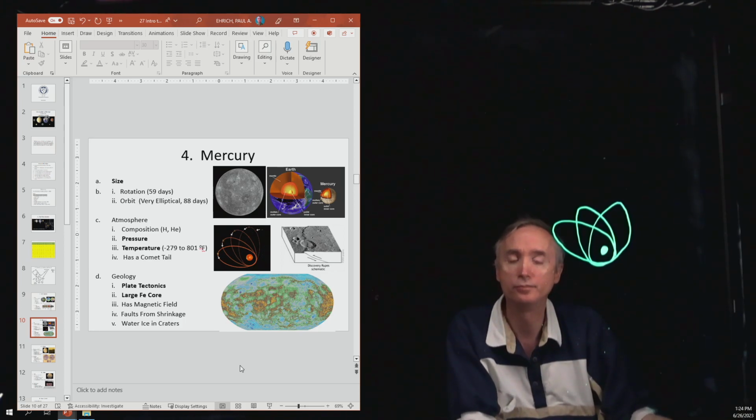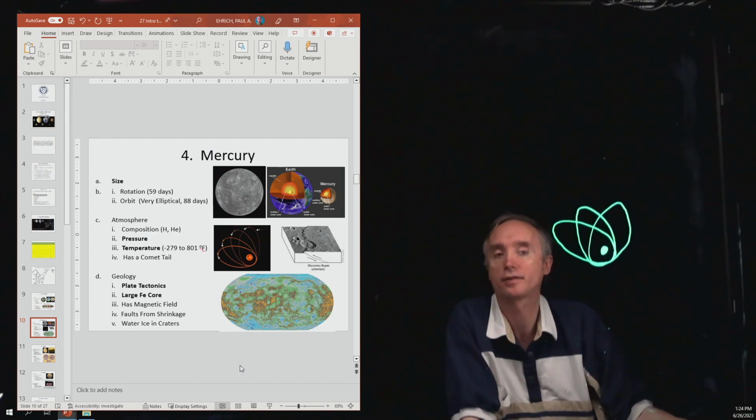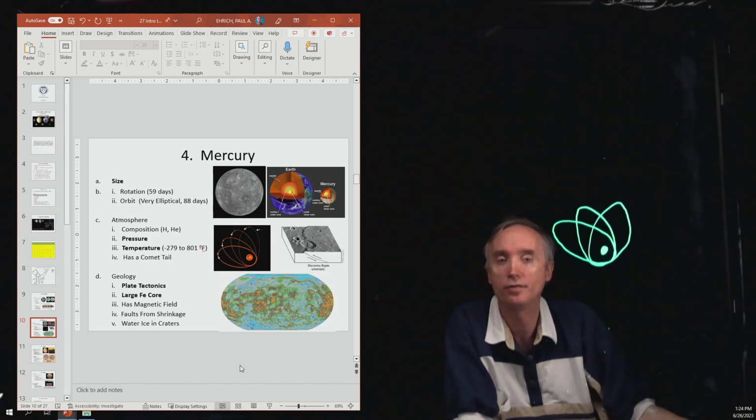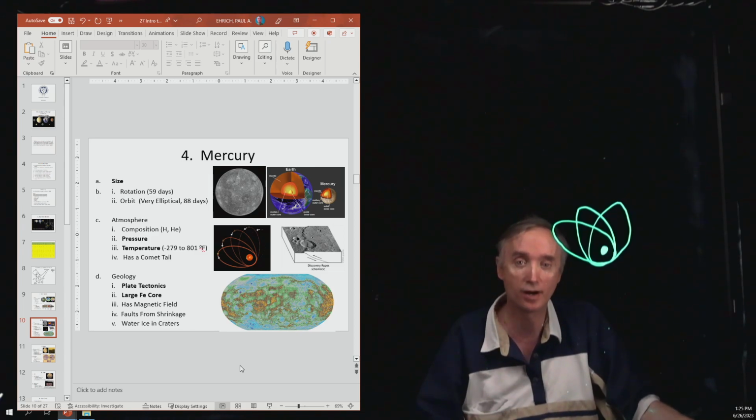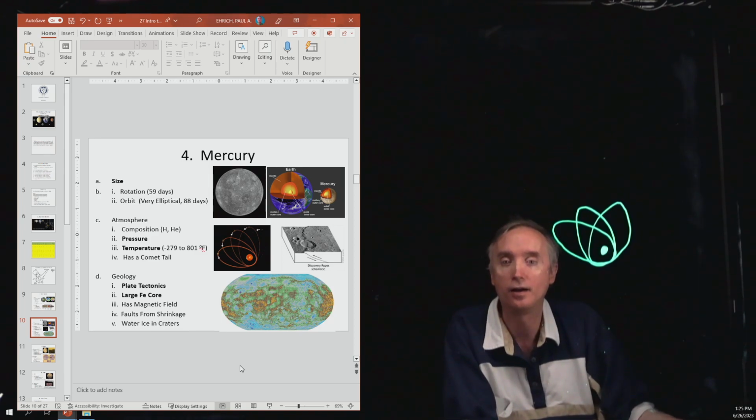All right, so now let's talk about plate tectonics. What do you think about the plate tectonics on Mercury? Yeah, not really going to have much, because it's so small, it cooled off rapidly. The inside cooled off rapidly so that its plate tectonics was lost. It does have a large iron core.